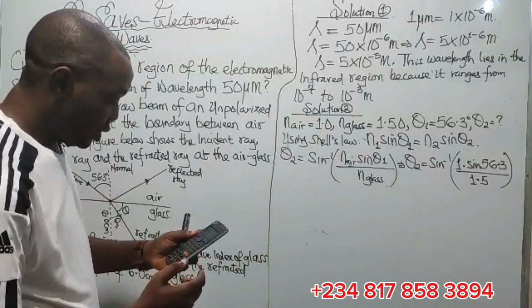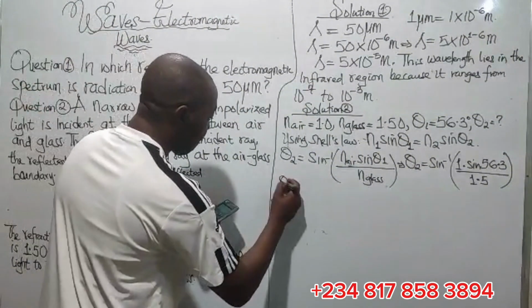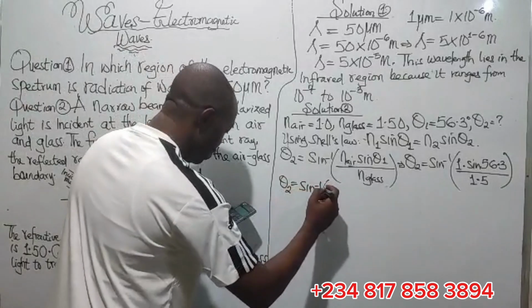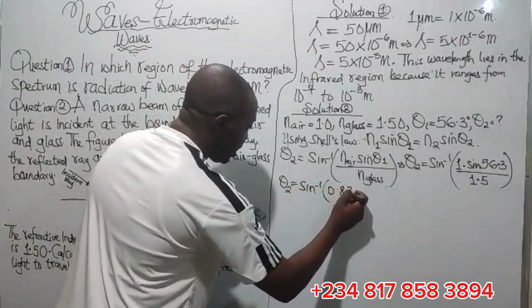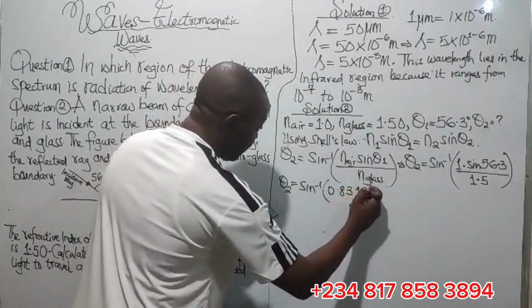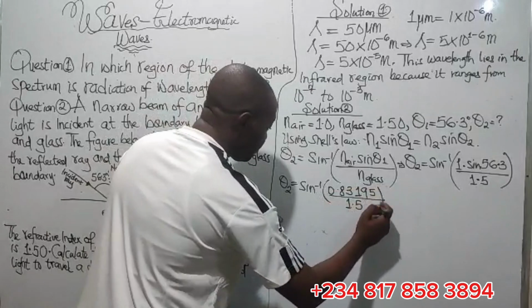Now first let's find out what sine 56.3 is. So we have θ2 equals the inverse sine of 0.83195 divided by 1.5.